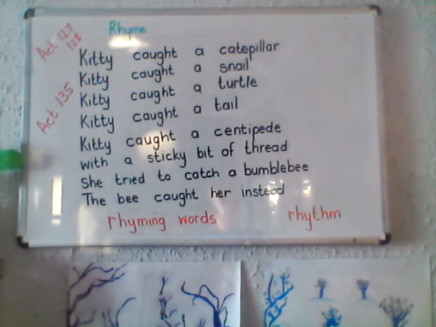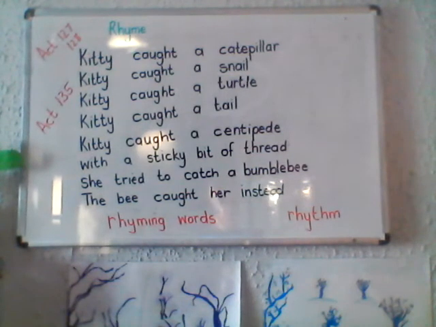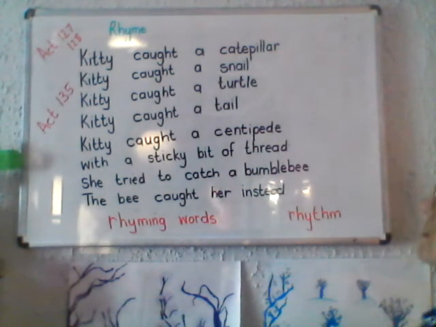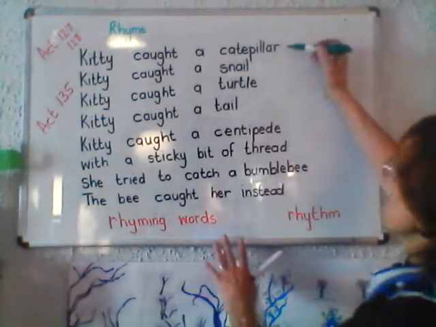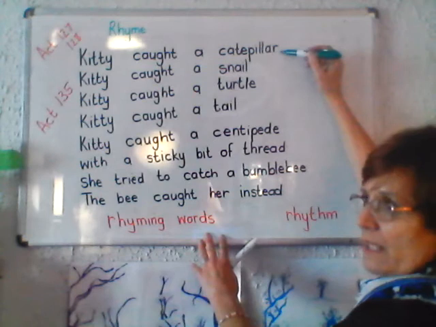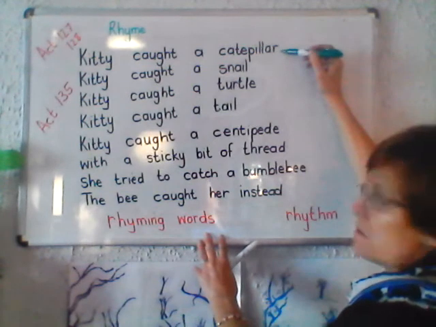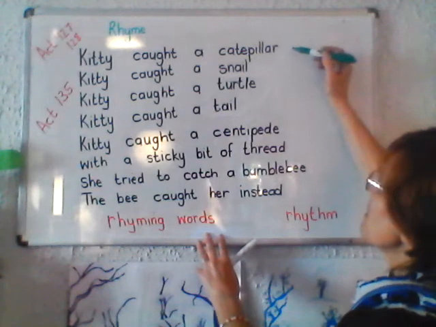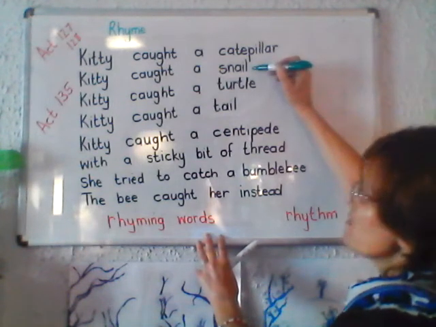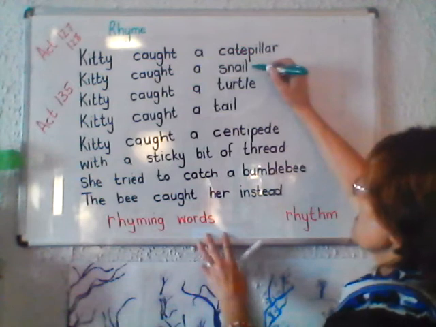I'm sure that you already recognize the rhyming words because we already did that last term, in the previous term. So if we have a look, is there anything that rhymes with caterpillar? No. No word in the first verse that rhymes with caterpillar. Is there any word that rhymes with snail? Yes.